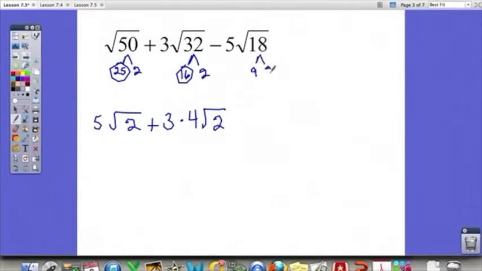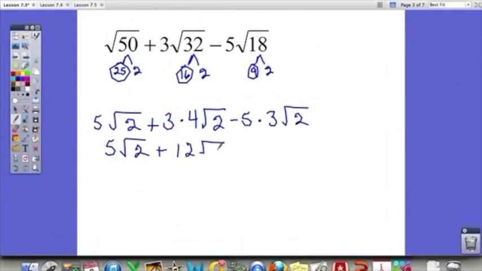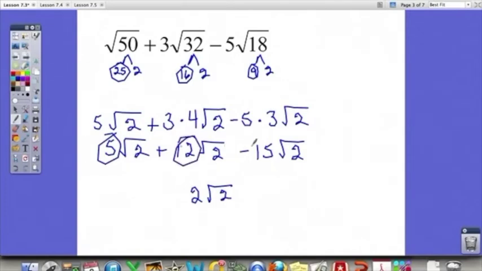And 9 times 2, go ahead and bring down the negative 5, so 3 root 2. Okay, get these cleaned up a little bit before I combine my like terms, so 12 root 2 minus 15 root 2. So I've got 17 minus 15 is 2 root 2. So combine the like terms.